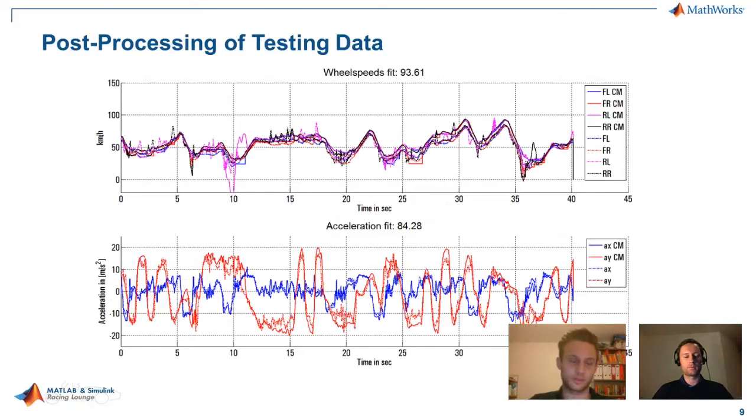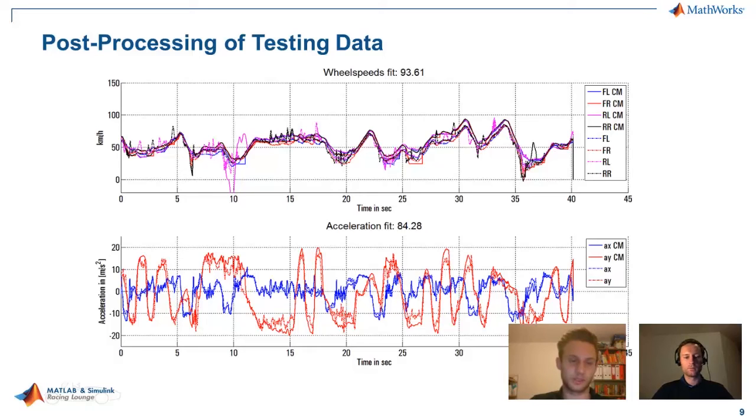Okay, you can see here two plots. The first plot is the wheel speeds of the car, and the second plot is the acceleration of the car in longitudinal and lateral direction. The dotted lines are the input of the testing data, and the solid lines are the output of the CarMaker open loop simulation.